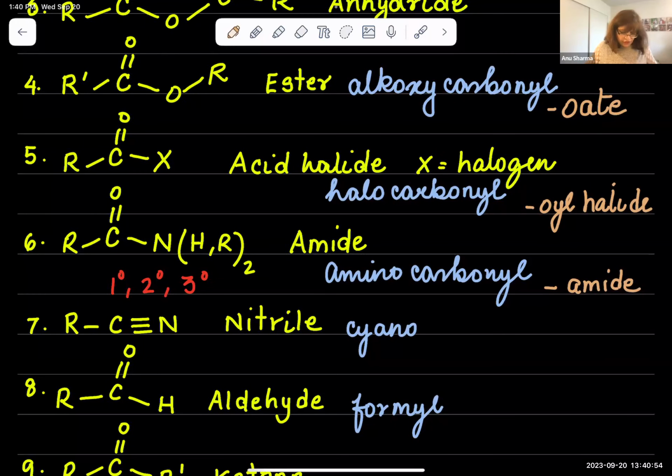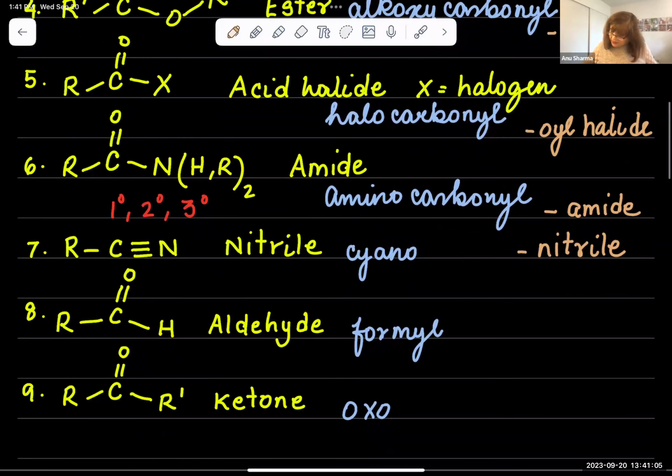Then the one that was cyano, the ending will be nitrile. Then the aldehyde, the ending is al, like benzaldehyde.